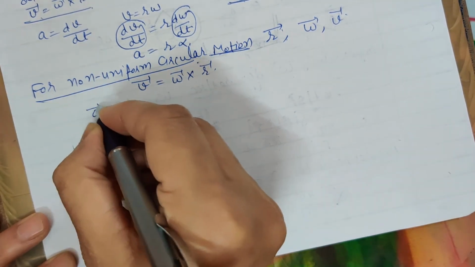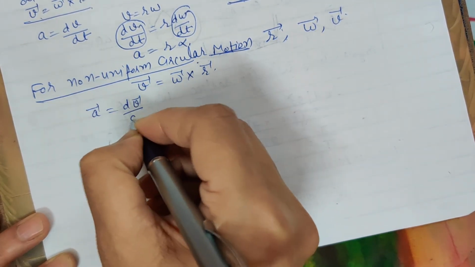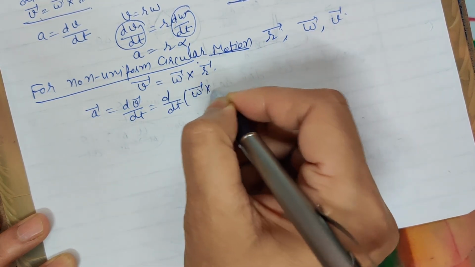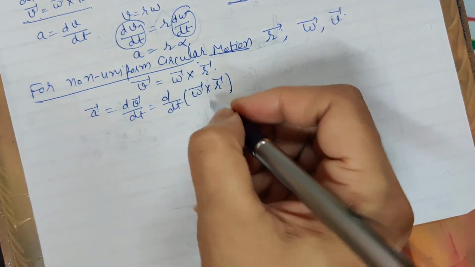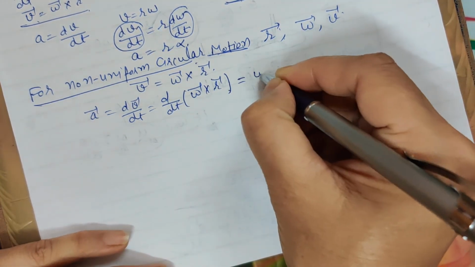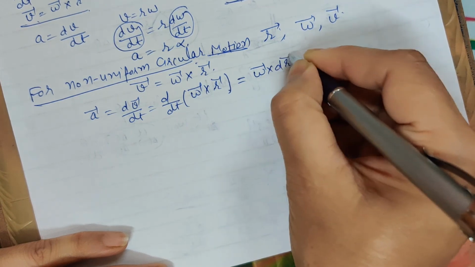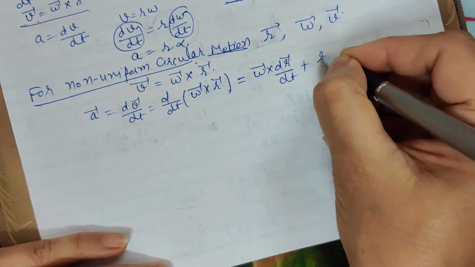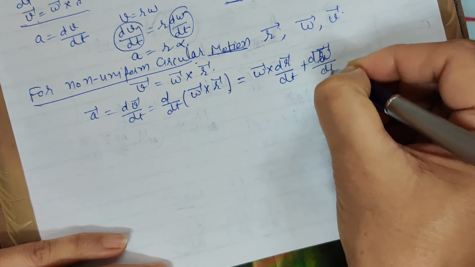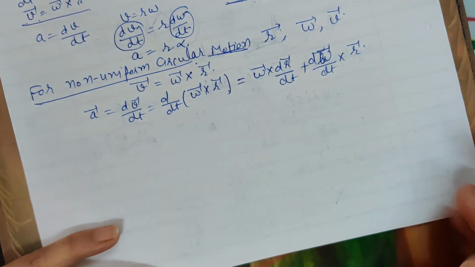Now acceleration means the derivative of it, and when we take the derivative of omega cross r, we apply the product rule: first derivative of the first into the second, plus the first into the derivative of the second.